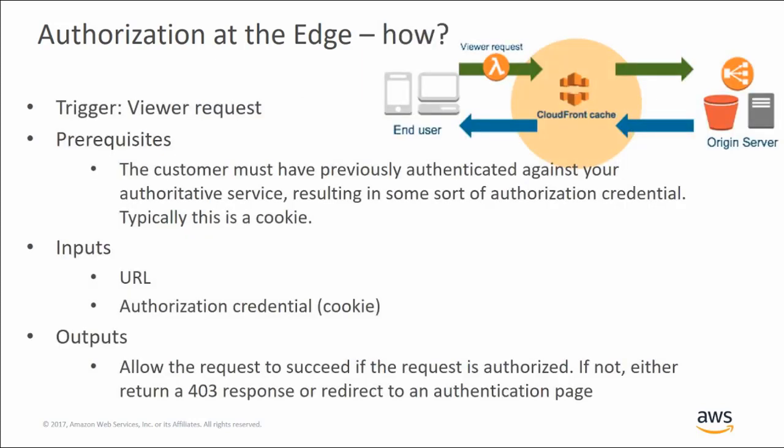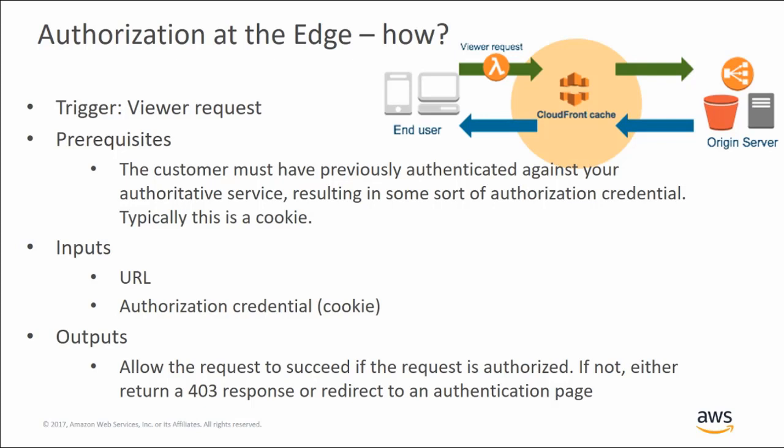So what you could do is you could write a Lambda function which is triggered at viewer request. And what that Lambda function does is that when a request arrives, it takes a look at either the cookie or a header, gets the authorization credential, and you could have the code to authorize that particular user directly from the Lambda function.